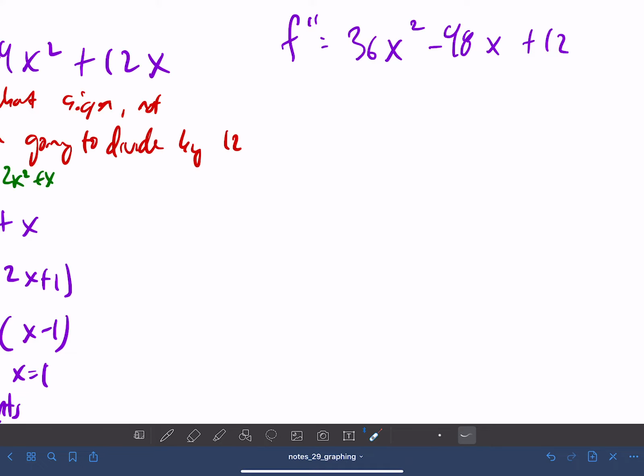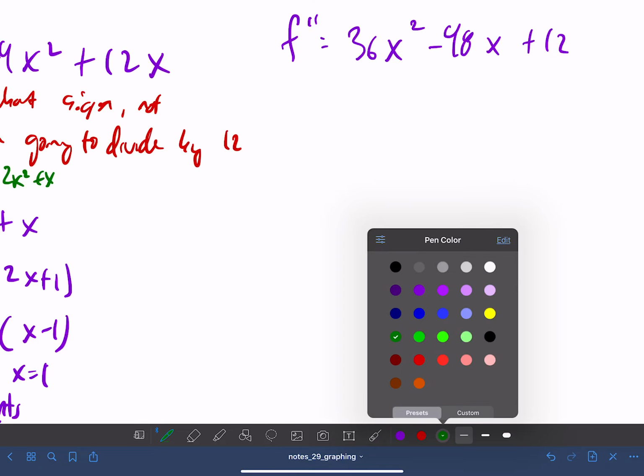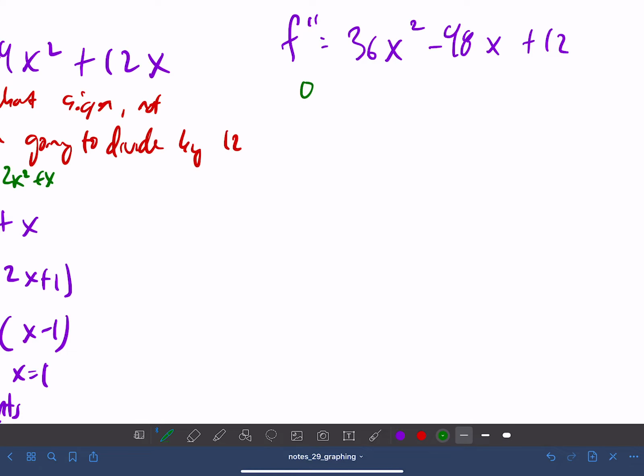So let's solve this equation to find my possible inflection points. I'll do this in green. 0 equals 3x squared minus 4x plus 1. I divided it by 12. Does that seem like a good thing to do?